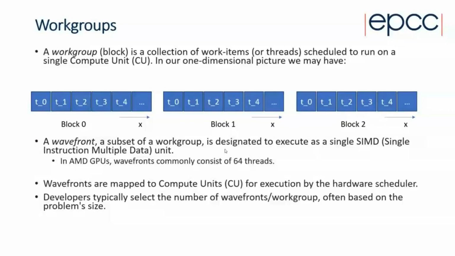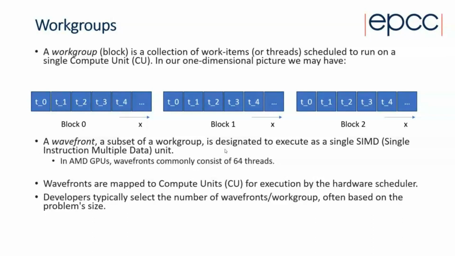So in a one-dimensional array, we may divide an array up into n blocks, each block with n threads, n work items. I think work items is much better terminology because this is data you're actually going to do operations on that needs to be passed to separate threads.